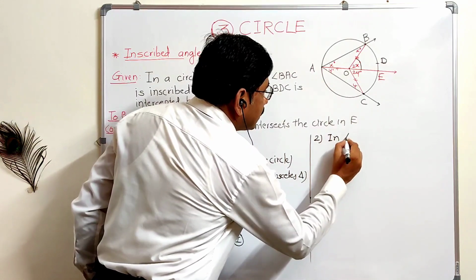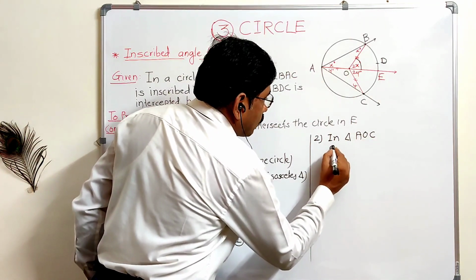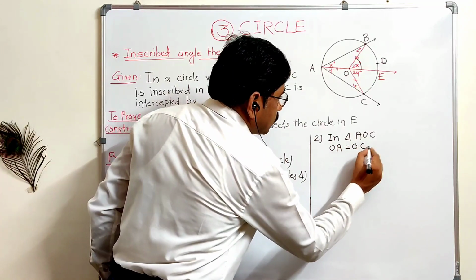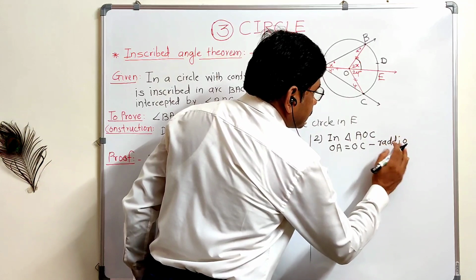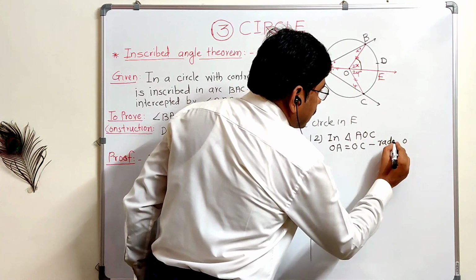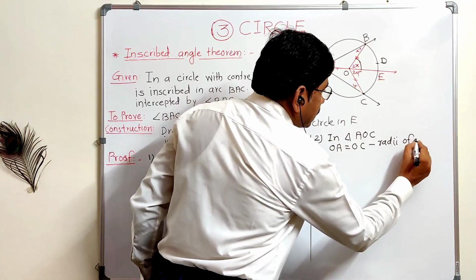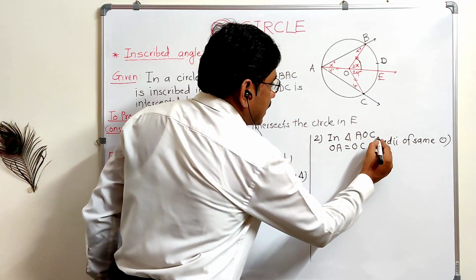Next step, in triangle AOC, this OA equals OC, these are the radii of the same circle. So here this is the reason.